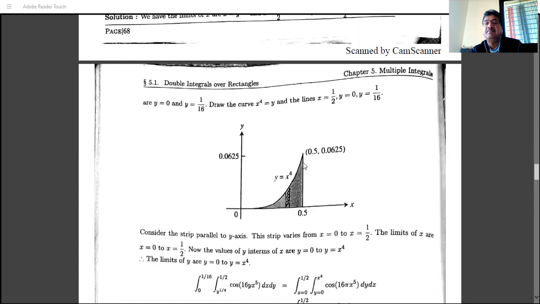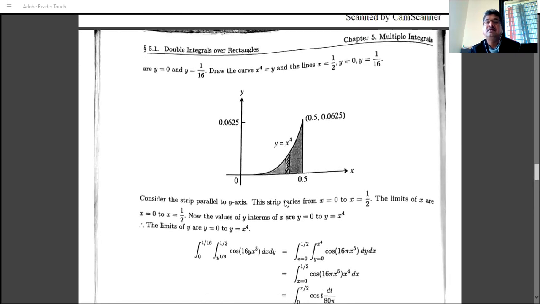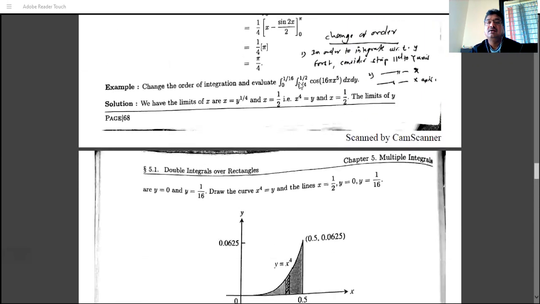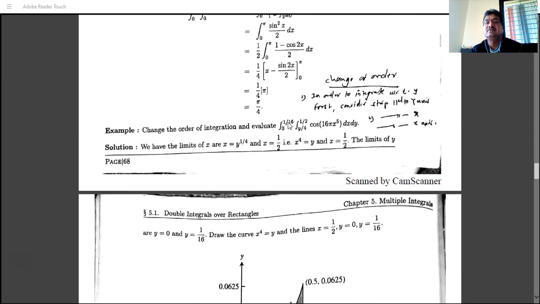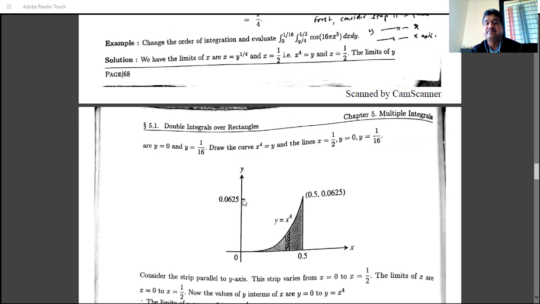x is equal to half is this line. X equal to half means a line parallel to the y axis at a 0.5 distance from the origin. And this is the limit on x. X equal to 0 means the y axis, and x equal to 1/16 is this point.